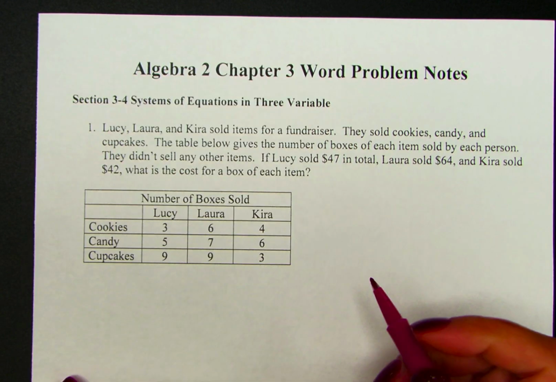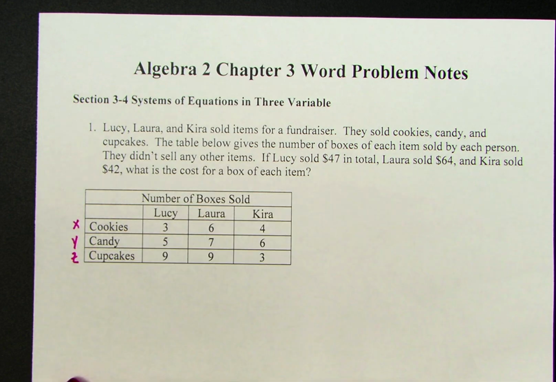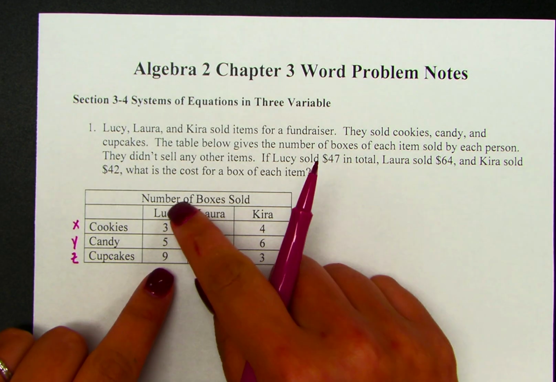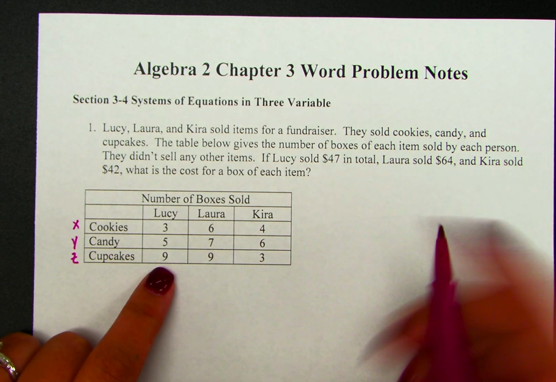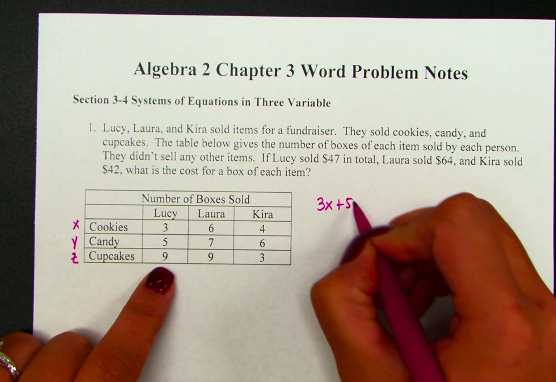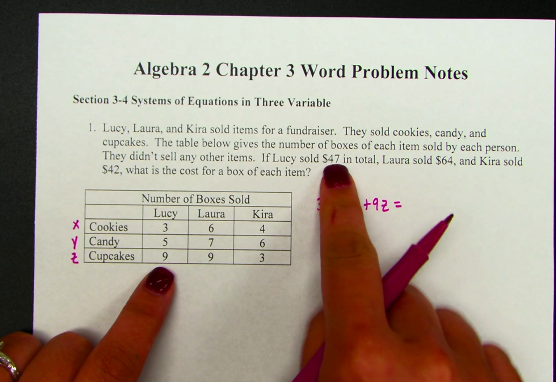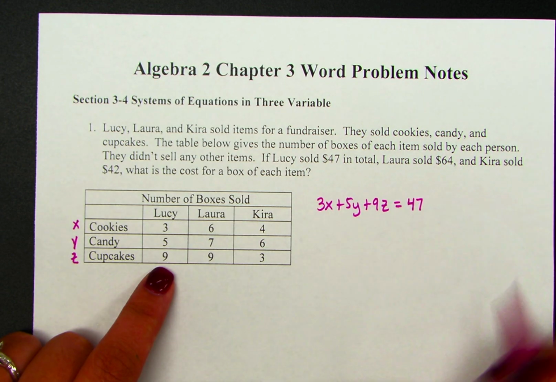For this problem, my cookies are going to be X, the candy is Y, and my cupcakes are Z. I'm just going down my column to set this up. For Lucy, this will be 3X plus 5Y plus 9Z, and Lucy's total was 47, so it'll be equal to 47.